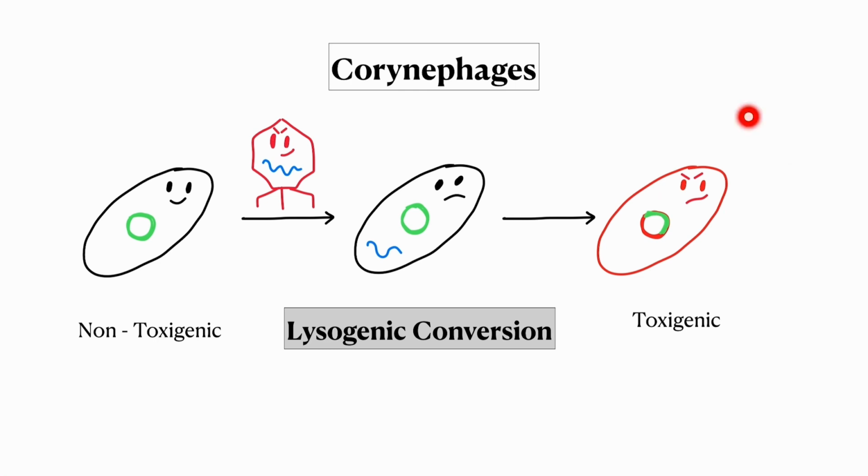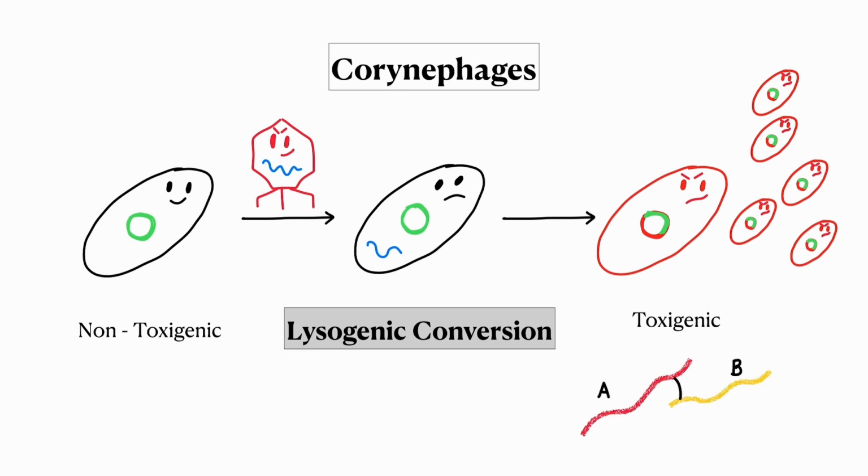And once this toxigenic bacteria is formed, it reproduces to form many toxigenic bacteria, and all these toxigenic bacteria produce the toxin which is responsible for the manifestations, right?